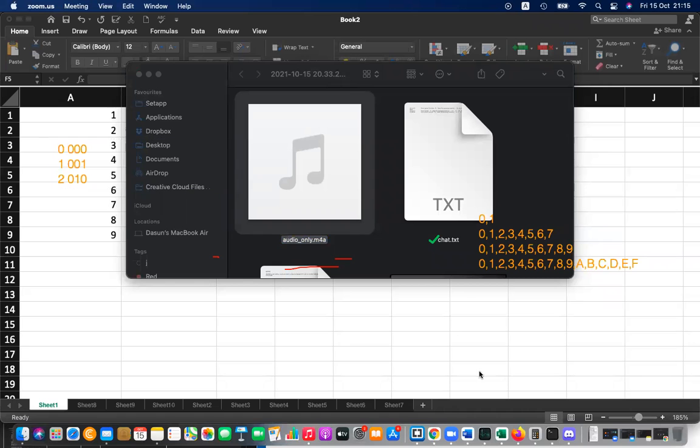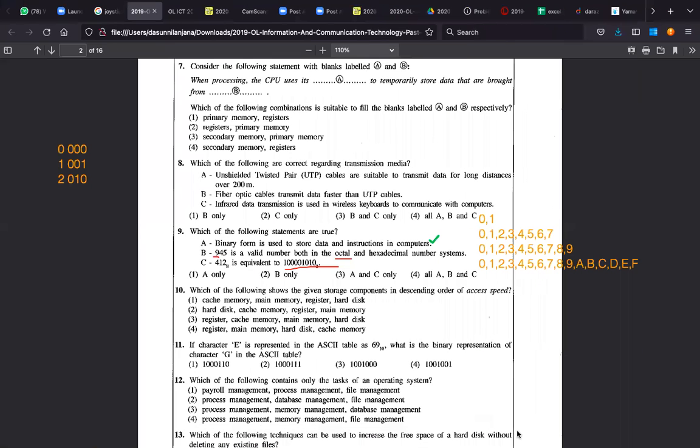Likewise, you have to write all the numbers. 3 is represented using 011. There's a pattern. 4 uses 100, 5 uses 101, 6 uses 110, and 7 uses 111. This is how octals are represented.